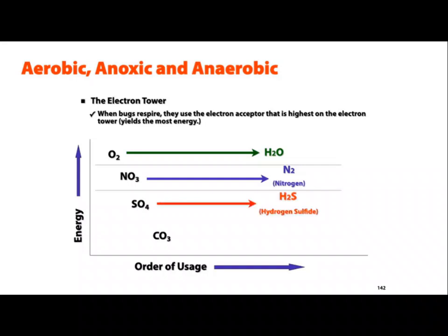Nitrogen gas floated the sludge up. Sulfate, when they finally get the nitrate gone, they're going to switch to sulfate. They're going to reduce that and make H2S, hydrogen sulfide. We've all smelled that one. And then carbonates get reduced to methane, right? So as a sludge goes from aerobic to anoxic, it floats, then it stinks, and then it blows up.